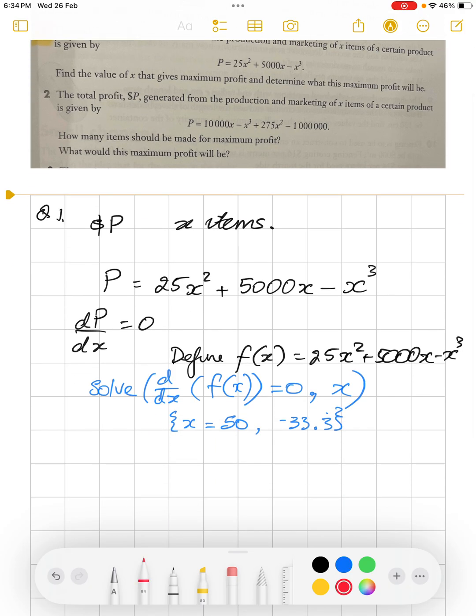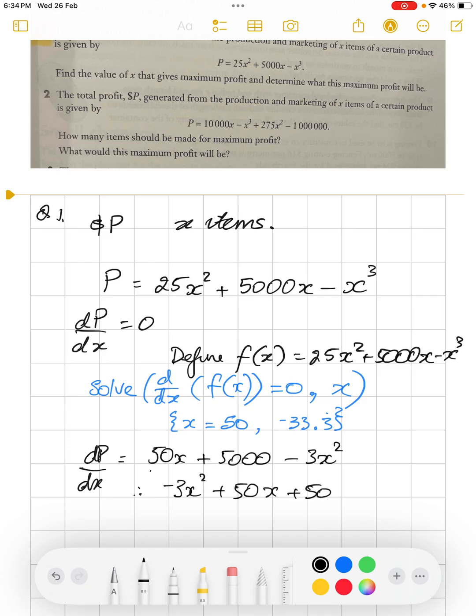Now, without a calculator, we could go back to saying dP/dx. If we just get the derivative of that, 50x plus 5,000 minus 3x squared, and we would let that equal to 0. Therefore, negative 3x squared plus 50x plus 5,000 equals 0.